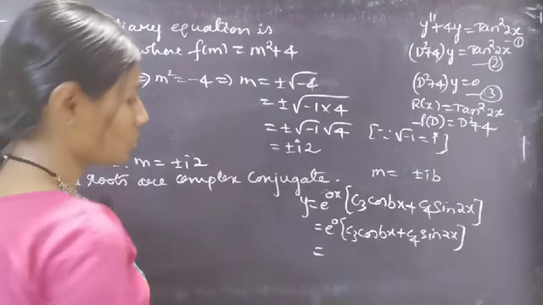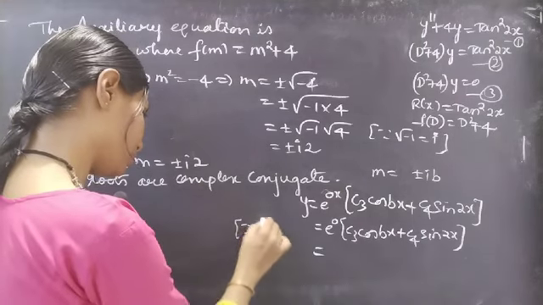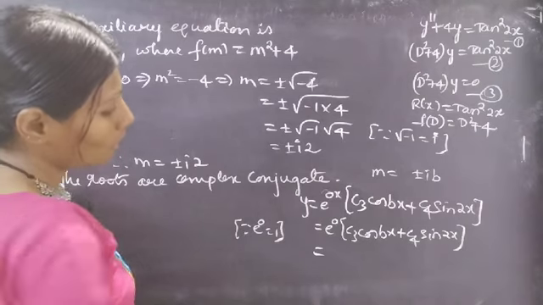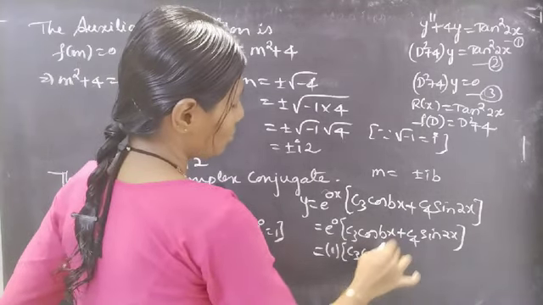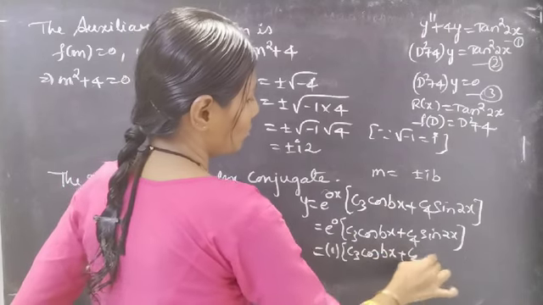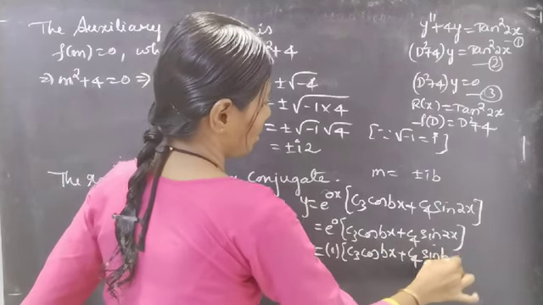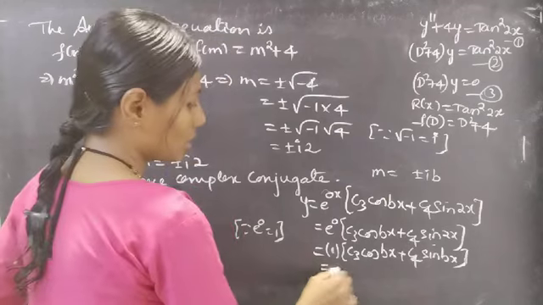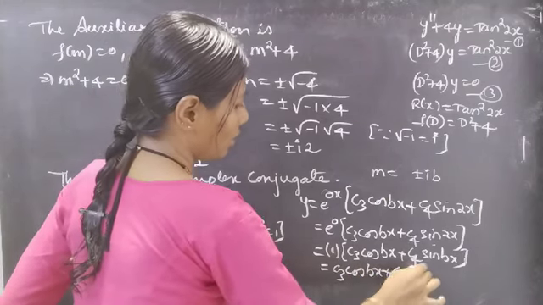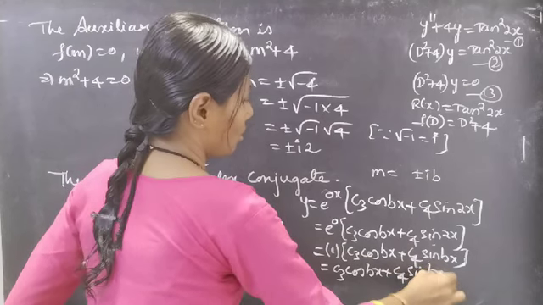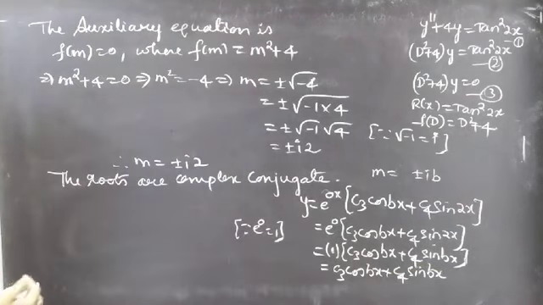Since e power 0 equal to 1, we'll replace e power 0 by 1. We'll get 1 into c3 cos bx plus c4 sin bx, right? This is equal to c3 cos bx plus c4 sin bx. Now let's write the solution to our homogeneous equation.